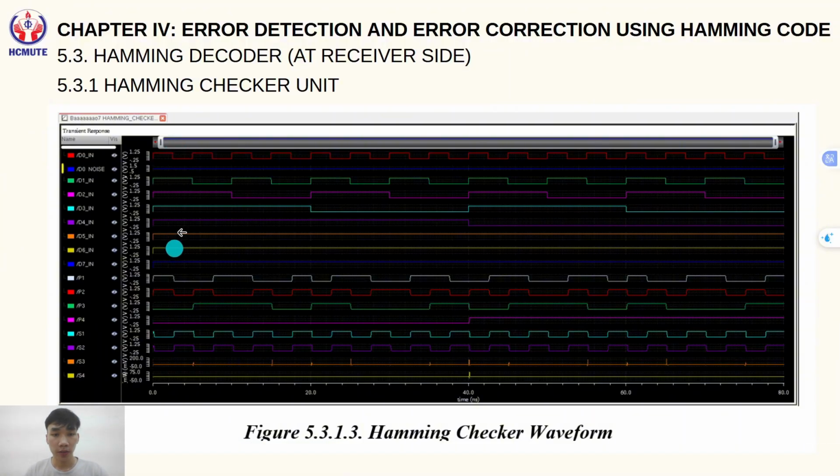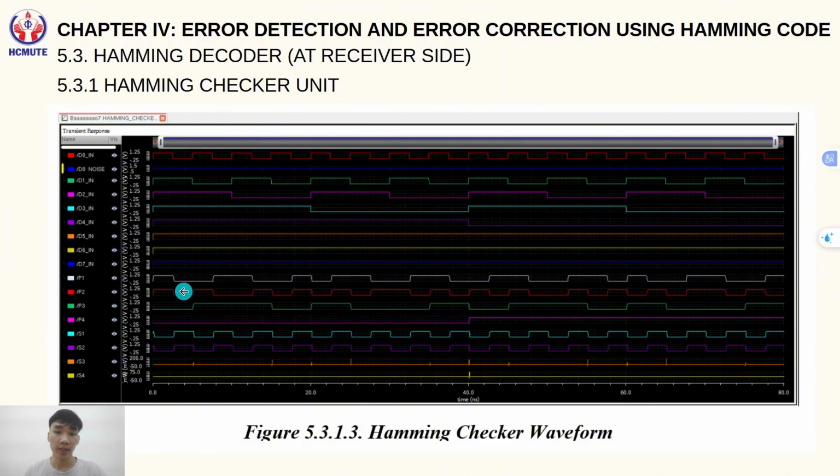But in case 2, in this time interval, the transmitted data is 1, 1, 1, 1, 1, 1, 1, and 0. And the encoder parity bits B1, B2, B3, B4 equal 0. However, during transmission, D0 flips to 1 because of noise, so the recalculated parity bits differ from the original.